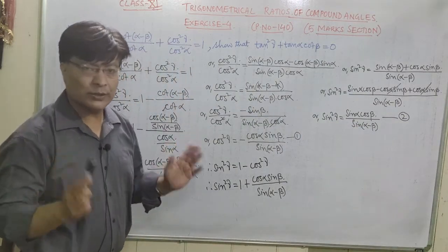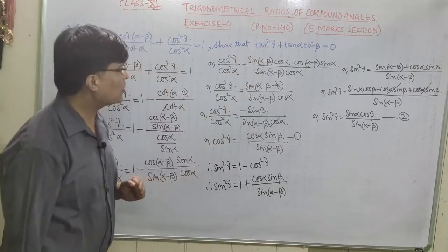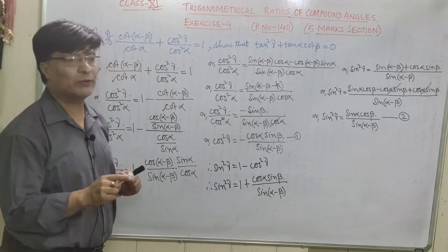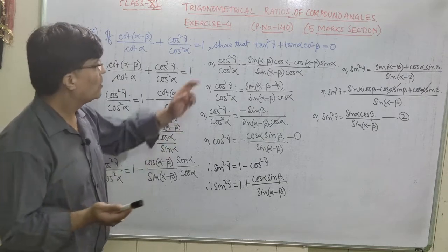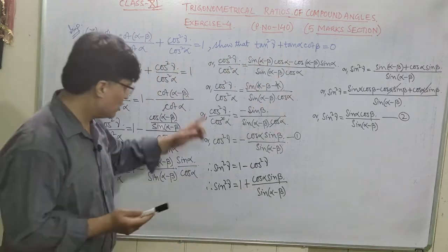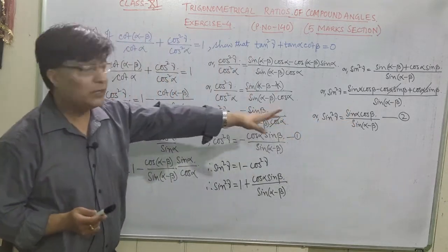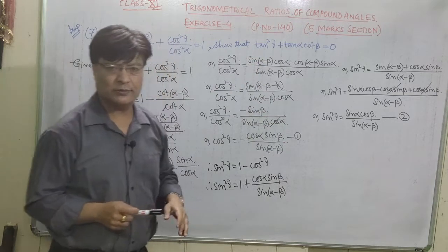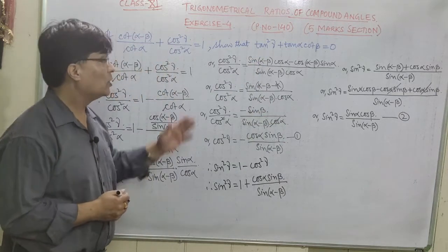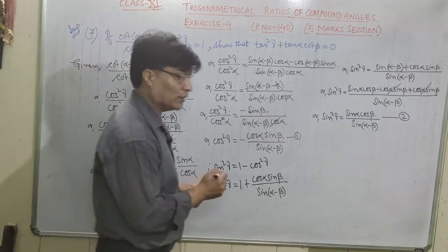Okay. So now you have to prove this relation: tan square gamma plus tan alpha cot beta is equal to 0. You have to prove tan square gamma plus tan alpha cot beta is equal to 0. So what will you do with this 1 and 2 in order to prove this relation? So you can divide it. Since you have to get tan square gamma, you divide 2 by 1.